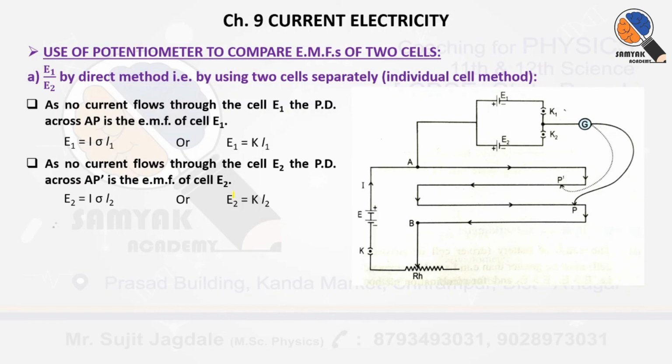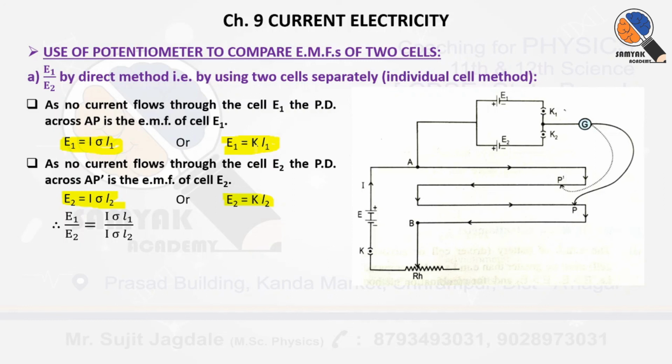Now what we are going to do is take the division of these two equations, divide equation 1 by equation 2. So here E2 is equal to KL2, or E2 is equal to I sigma L2, is the second expression, and E1 is equal to I sigma L1 or KL1, this is the first expression.